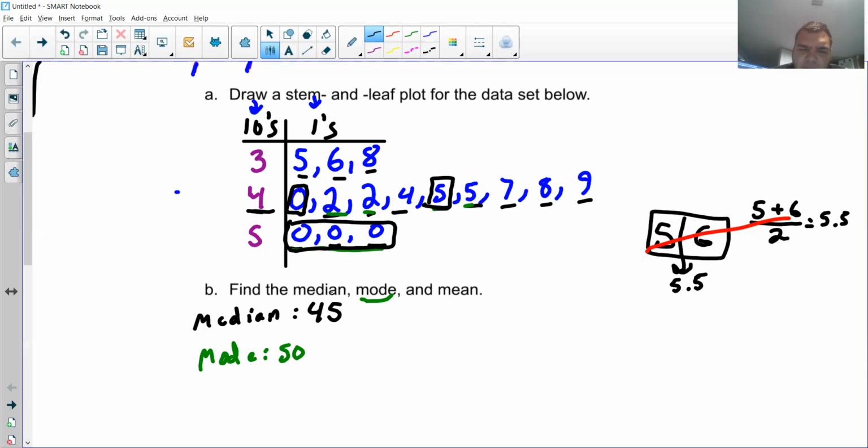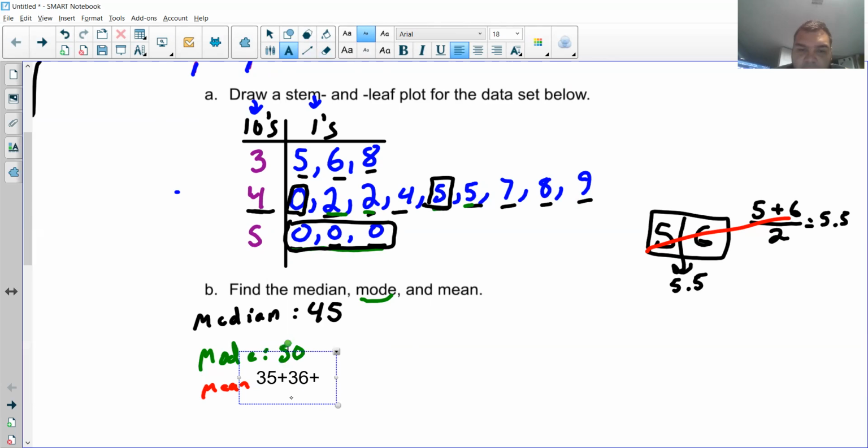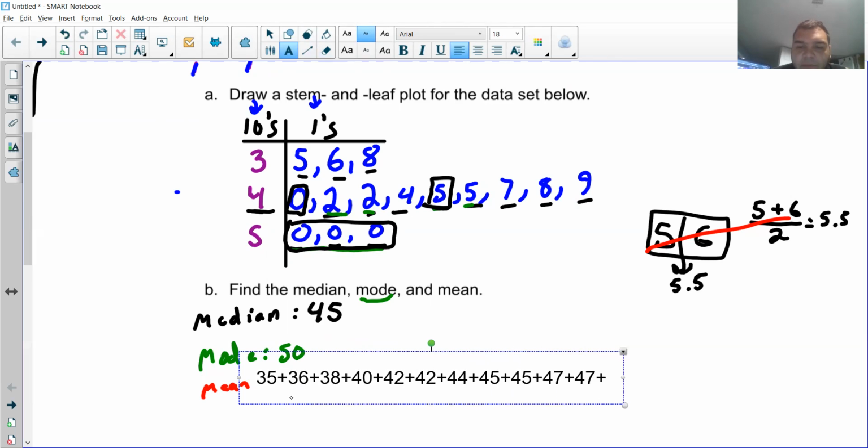All right, so that's the median, that's the mode, and then the one that requires the most work is the mean. Do it in red, I guess. So the mean, what you're gonna have to do is add them all up together. So you take your calculator, add it up. So 35 plus 36 plus 38 plus 40 plus 42 plus 42 plus 44 plus 45 plus 45 plus 47 plus 47 plus 48.